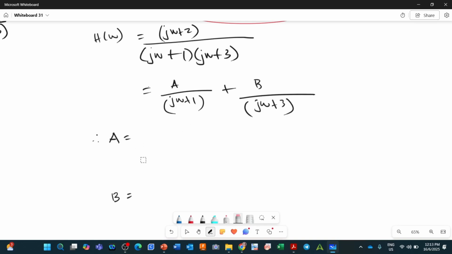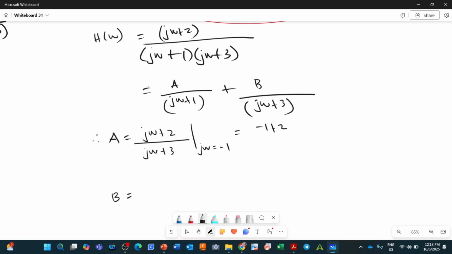To get A, you take the numerator on top here and write J omega plus 2 over, remember cross, J omega plus 3, whereby J omega is equal to minus 1. So just substitute.